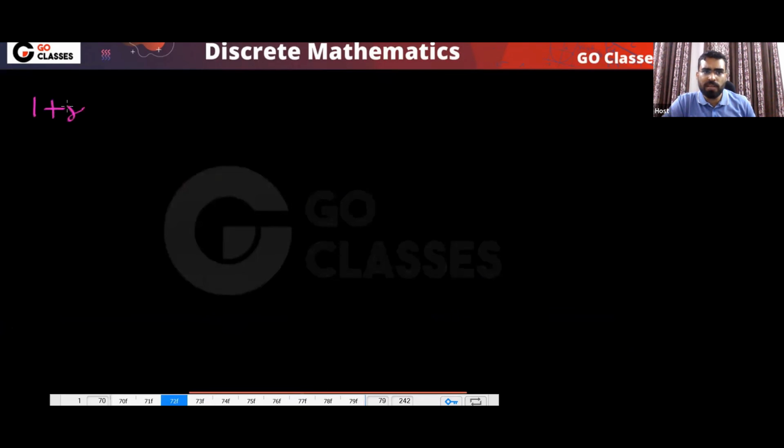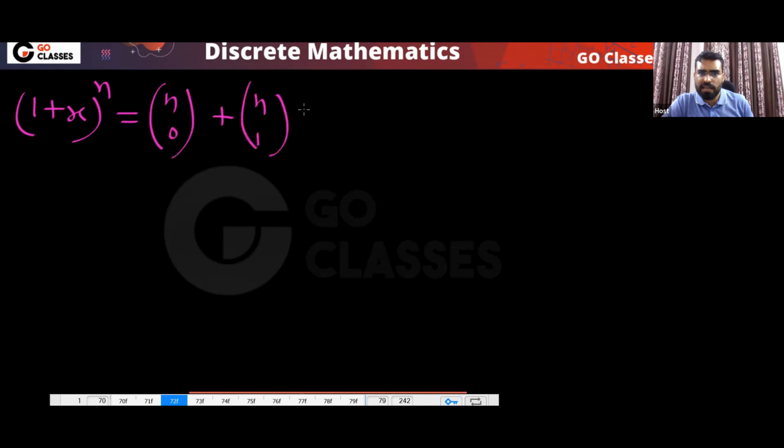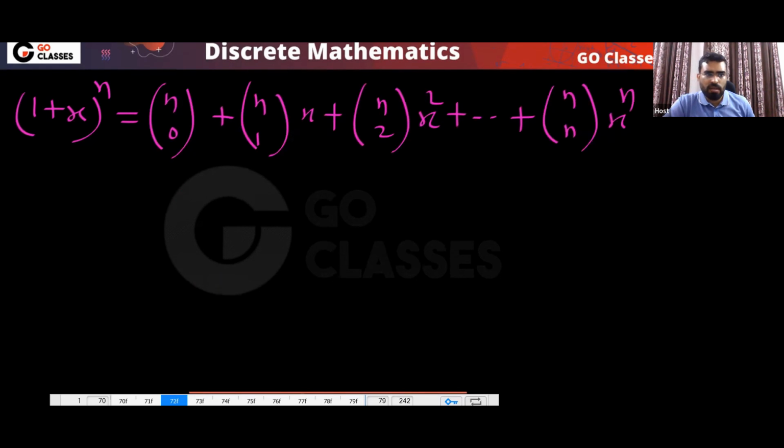So remember, in 1 plus x power n, this you already know, this is your NC0 plus NC1x plus NC2x square and so on, NCn x power n. Put x equal to -1. Then you will get 0, because you are putting x equal to -1.